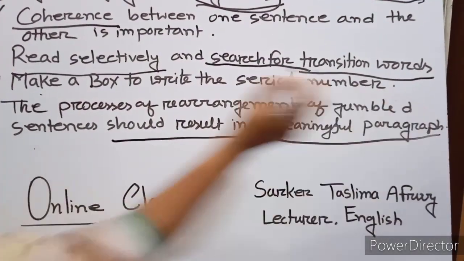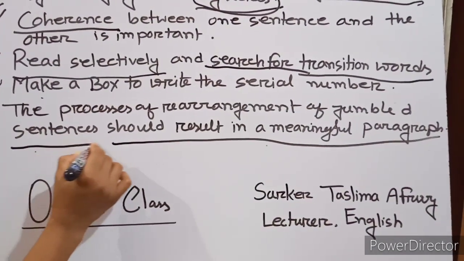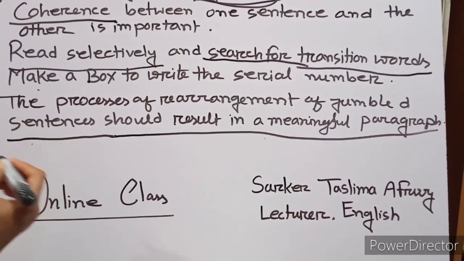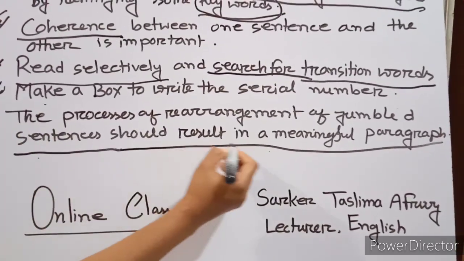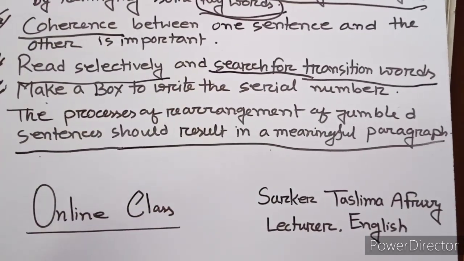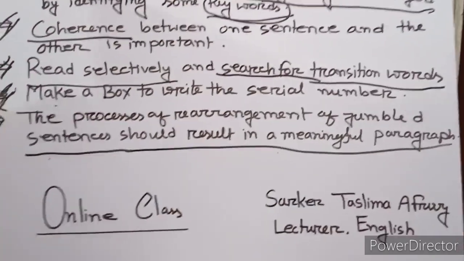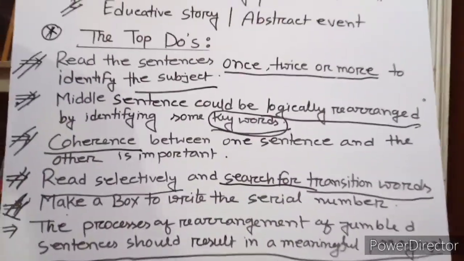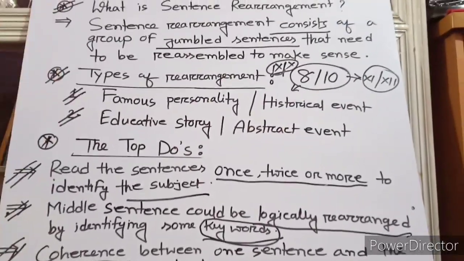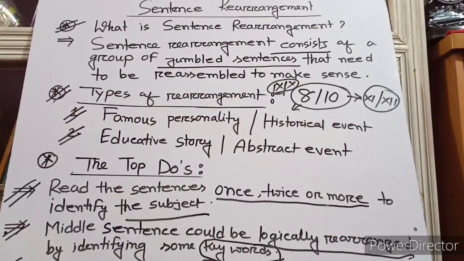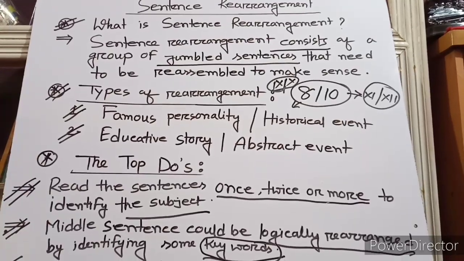You can see I underlined this line: should result in a meaningful paragraph. So dear students, finally you have to write all the sentences in a meaningful paragraph. It's very important for sentence rearrangement. I hope you understood the process of this.